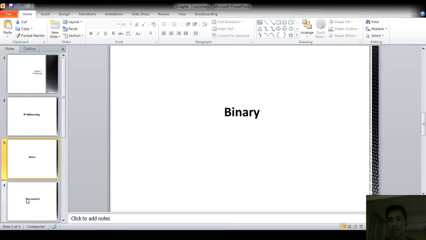Next is IPv6 and IPv4. Both have different ways of communicating. IPv4 uses unicast, broadcast, and multicast, while IPv6 uses unicast, multicast, and anycast.